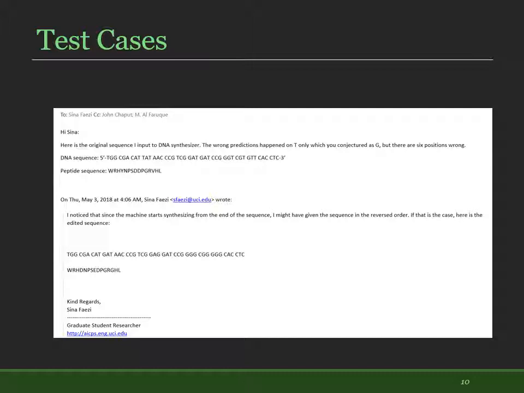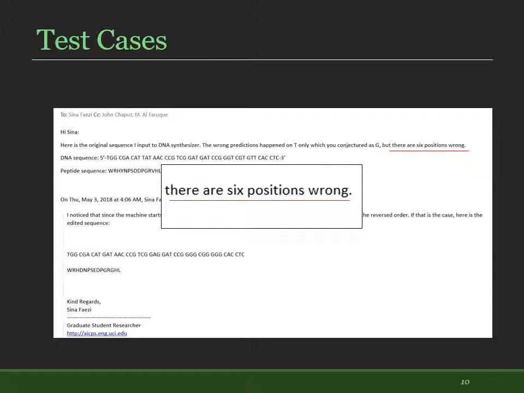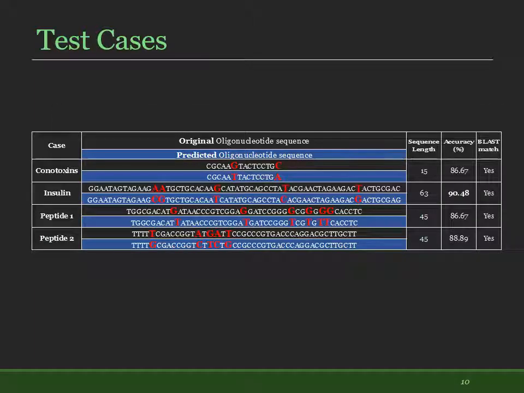Here you can see his response email. As you can see, our attack model had only 6 missed predictions out of 45 bases, which matches the attack methodology's accuracy calculated before. We carried out the same procedure for 3 other interesting sequences, and our results accuracy was consistent for every sequence.